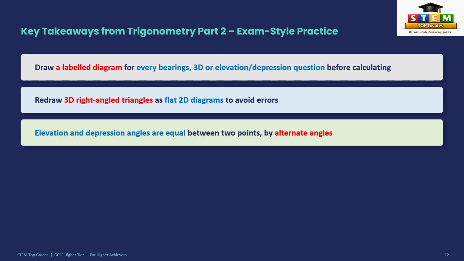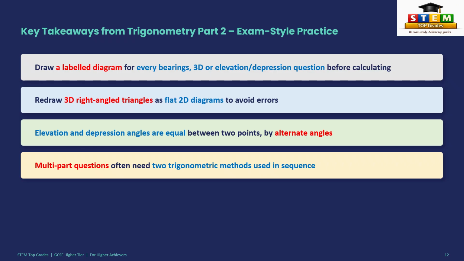Elevation and depression angles are equal between 2 points by alternate angles. So if you remember, we've seen alternate angles in one of the cases. Multi-part questions often need two trigonometric methods used in sequence, and we have had the opportunity to decide from 4 scenarios which one was the most appropriate.